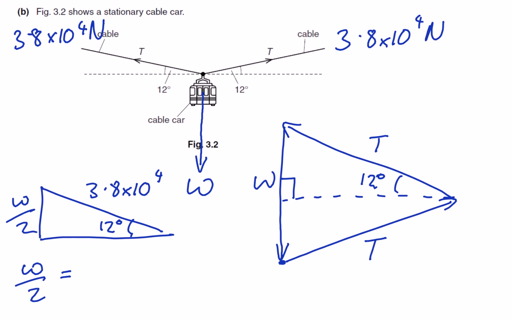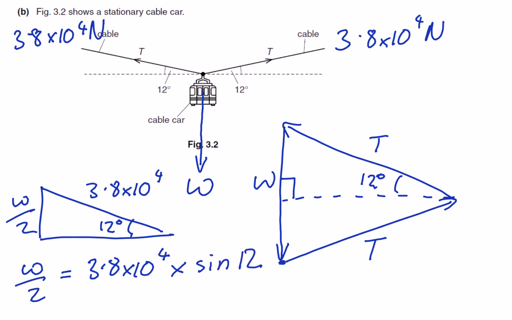So opposite and hypotenuse tell me sine theta, so the opposite is equal to the hypotenuse multiplied by the sine of the angle.